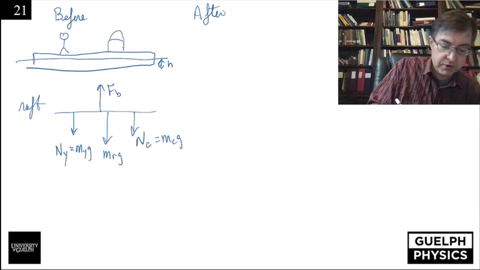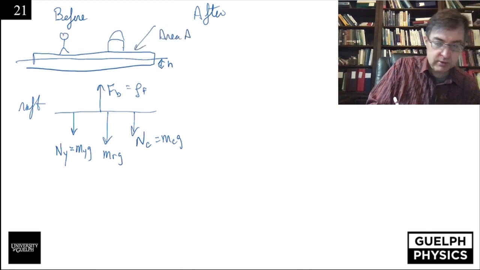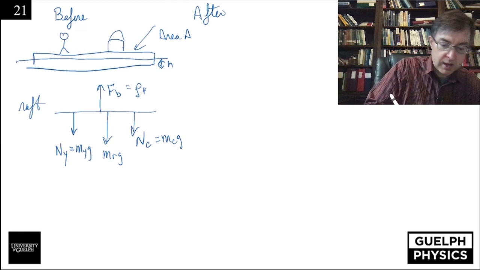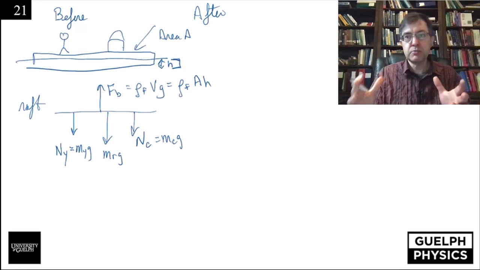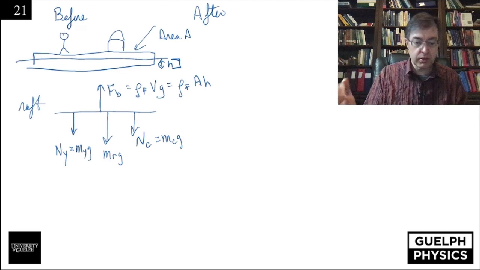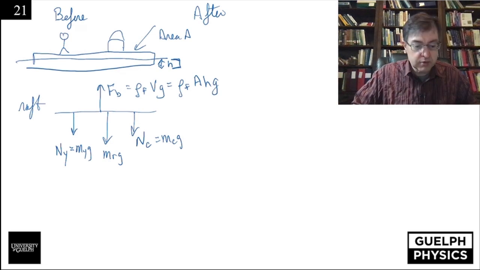And the buoyancy force will again be the density of the water times VG. If this raft has some cross-sectional area A, a flat raft, then V is the area of the raft times this little height h that you're displacing. So A times h is the volume of water that the raft displaces, times G, and that leads to the buoyancy force.